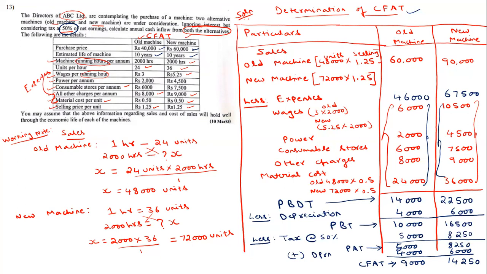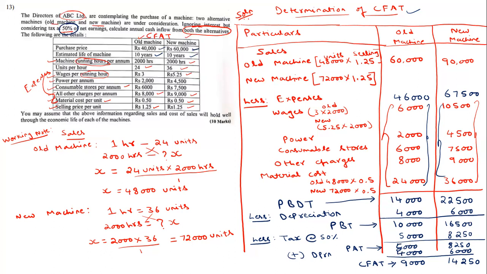Now, from this question, if you see here, we have calculated the annual cash inflow from both the alternatives using the given information. They say that you may assume that the above information regarding sales and cost of sales will hold through the economic life of each of these machines. Since this kind of case appears in investment decisions, using the CFAT we understand that this is nothing but the inflow we are getting from the new machine as well as the old machine.